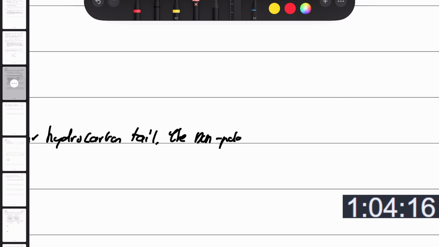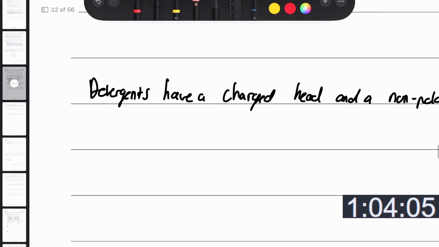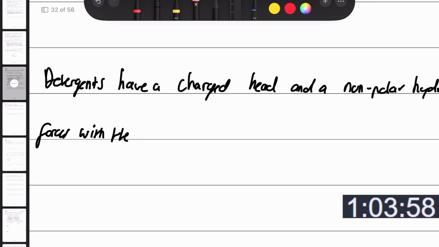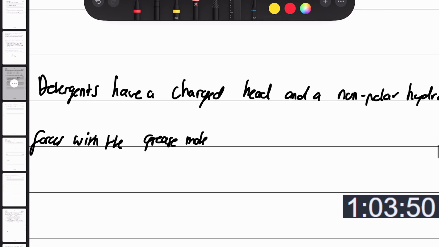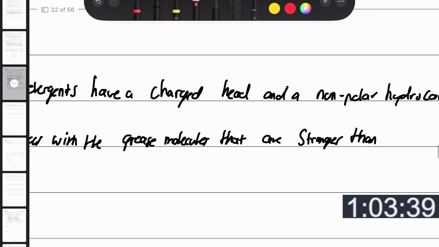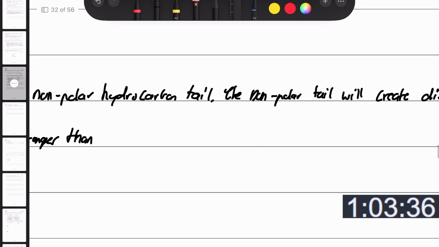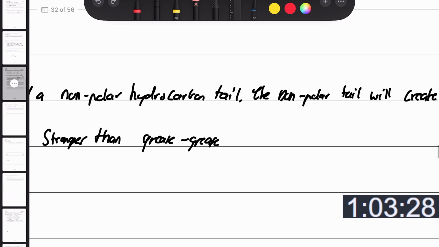The non-polar tail will create dispersion forces with the grease molecules that are stronger than grease to grease non-polar interactions, therefore they will pull them from the surface.